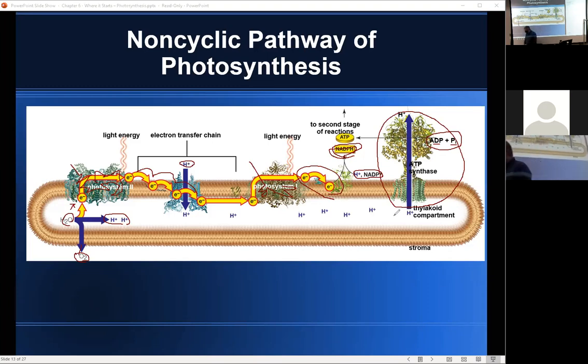So each time a proton goes down that concentration gradient, it can drive the formation of ATP from ADP and inorganic phosphate. And of course, ATP is the energy currency of the cell. So this is very important. And just like with NADPH, this is going to be very important in the light-independent reactions when we're going to make glucose from CO2 and water.